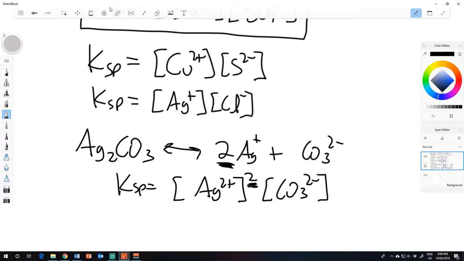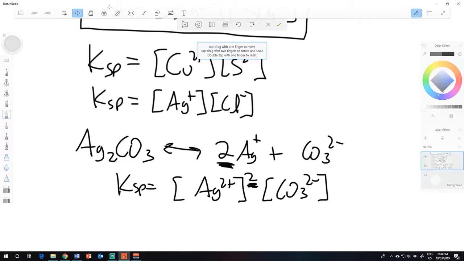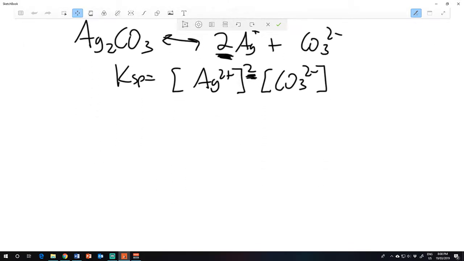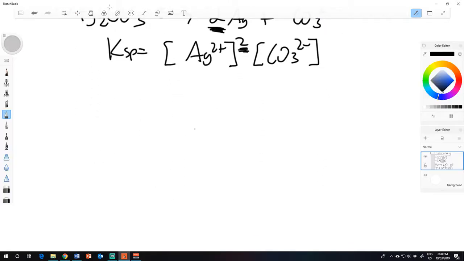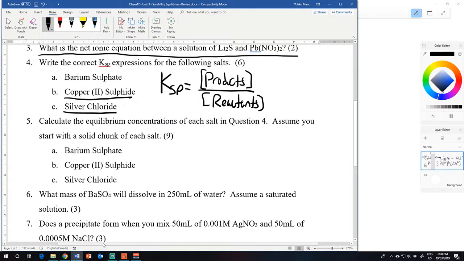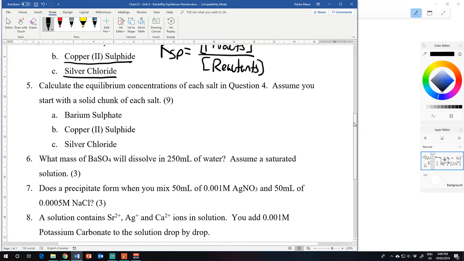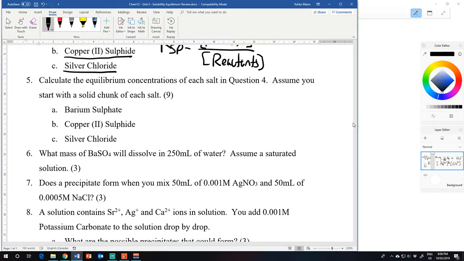Now, once you have this equation, we can use it to calculate the equilibrium concentrations of the salts. That's what the next question asks. So in question 5, calculate the equilibrium concentrations of each salt. In question 4, this is a very big assumption we make, because if we don't start with a solid chunk of each salt and instead we start with some amount of sulfate, this question actually turns a little bit easier.